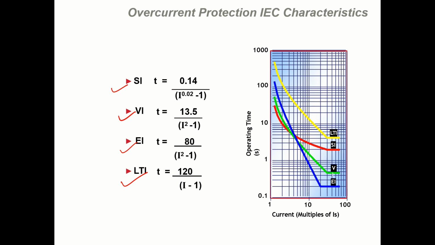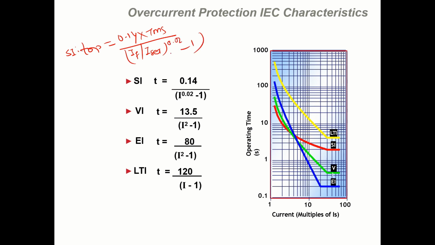Earlier these were calculated using charts, but now there is no need. You can directly calculate using the formulas. For example, for the standard inverse case, the time of operation is 0.14 times TMS divided by (I fault by I set) to the power 0.02 minus 1.